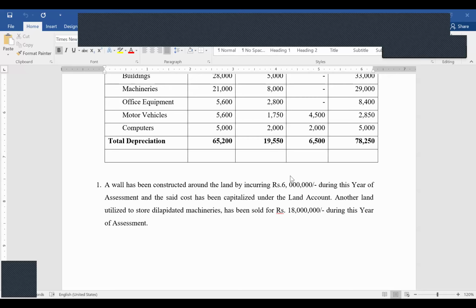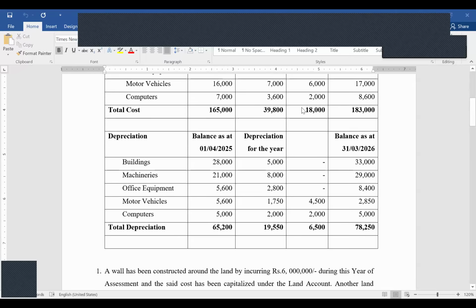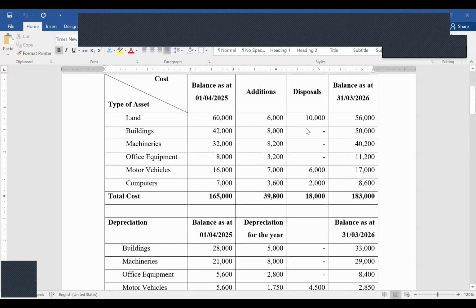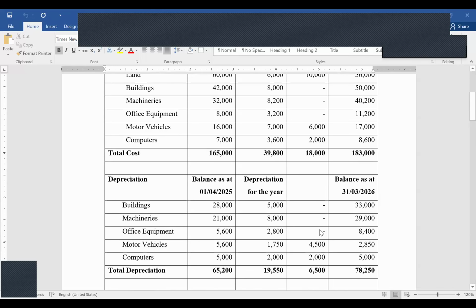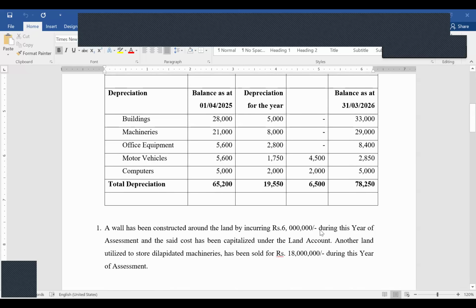Then we calculate the profit or loss by deducting the historical cost from the sales value. So you can say the profit very quickly, because 18 million is the consideration, 10 million is the cost, and the difference is 8 million. That is the way of calculating the profit or loss of a business asset.